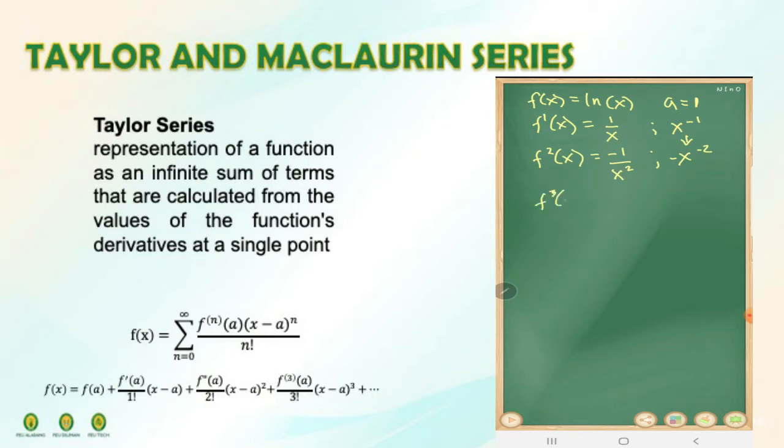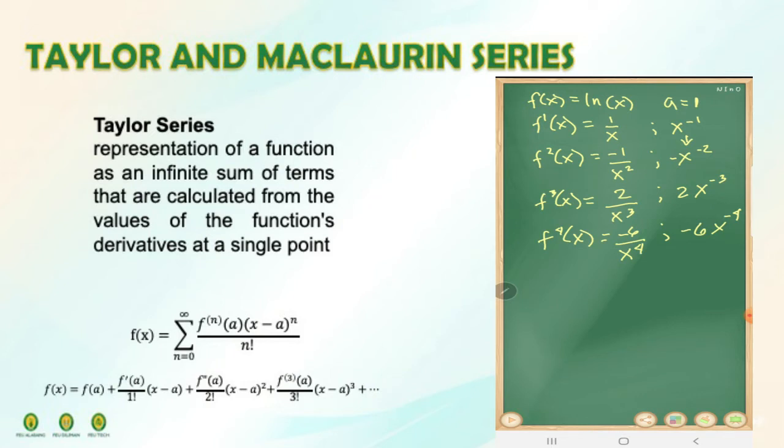The derivative of negative 1 over x squared is 2 x to the negative 3, or simply 2 over x cubed. How about the fourth derivative? It is negative 3 times 2, which is negative 6, x raised to negative 4, or simply negative 6 over x raised to the fourth power.